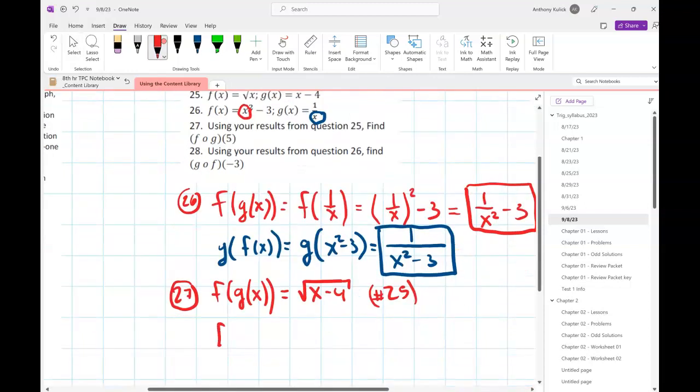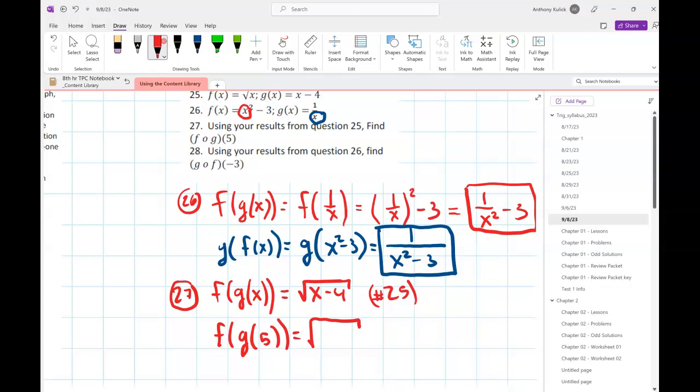So if I did f of g of 5, I'm plugging 5 in for the x, which is the square root of 1, which is just 1.